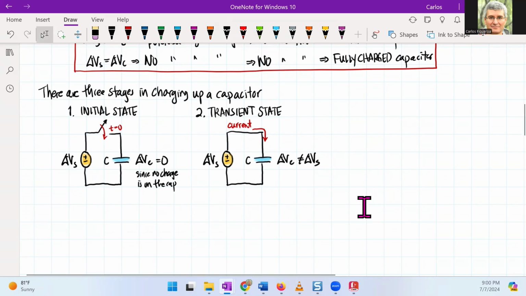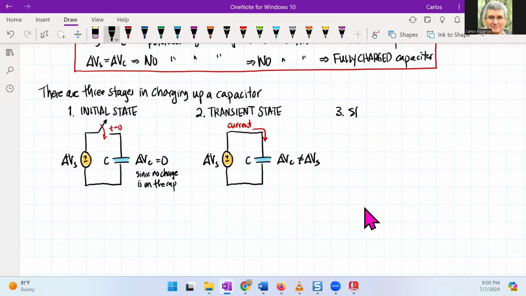And then we finally get to the third state, which is called the steady state.